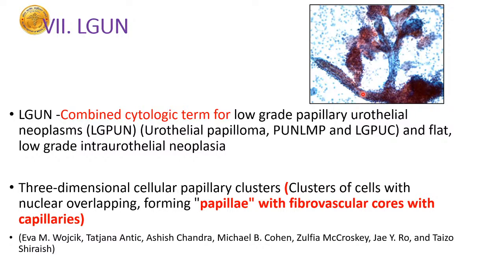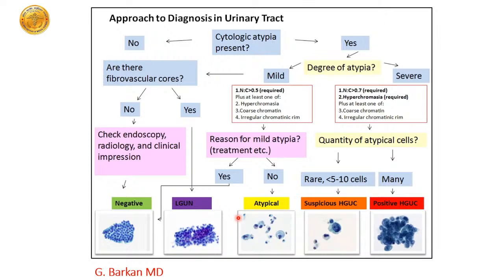They have used this term for all the low-grade lesions, like urothelial papilloma, PUNLMP, and low-grade papillary urothelial carcinoma. I've already told you, three-dimensional cellular papillary clusters, and they show nuclear overlapping. The most important is a nice fibrovascular core with capillaries, which should be seen to call it an LGUN.